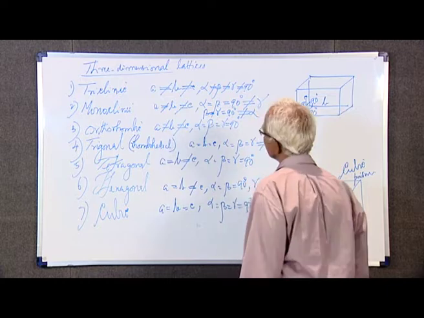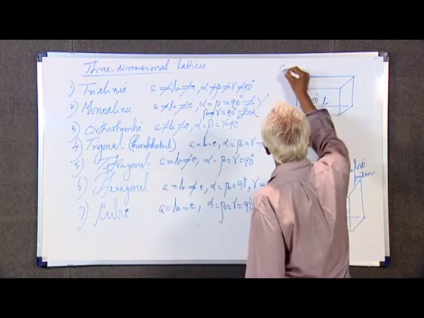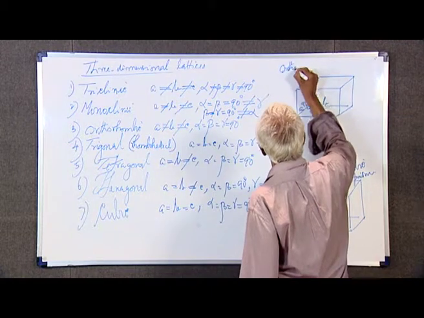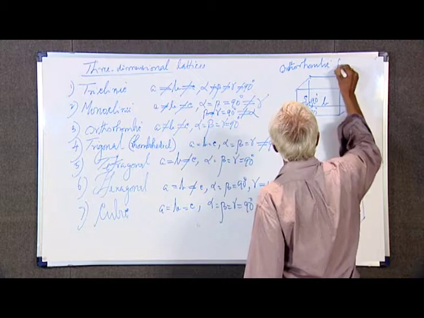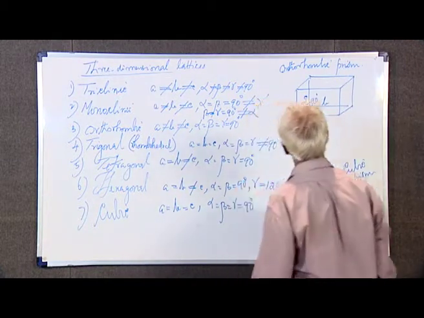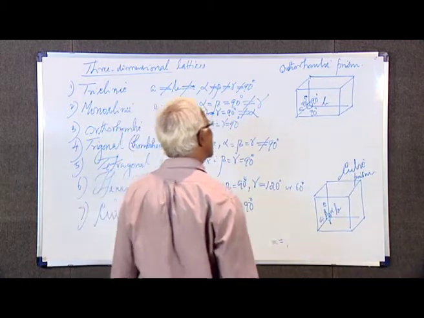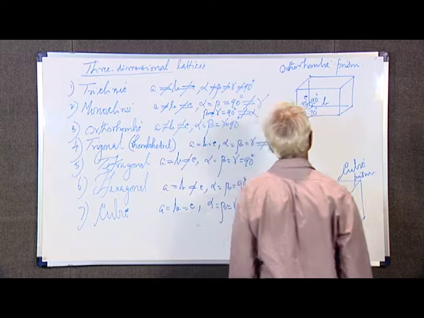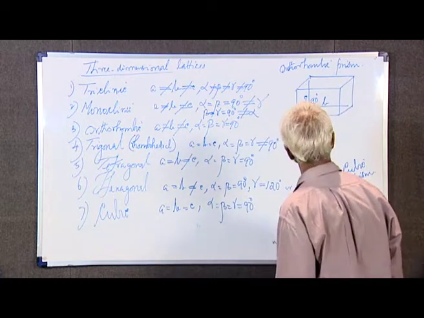This is the orthorhombic prism. In common parlance, we call it a rectangular parallelepiped, which is the 3-dimensional representative of the regular so called rectangle in 2 dimensions.